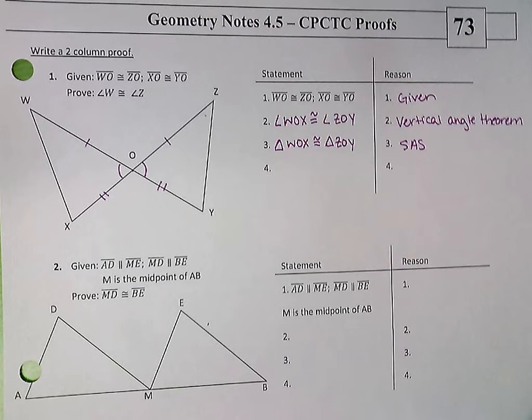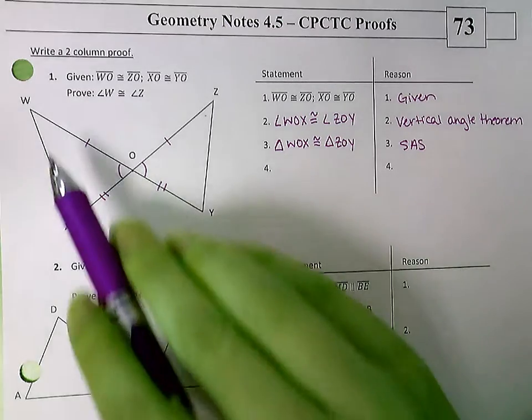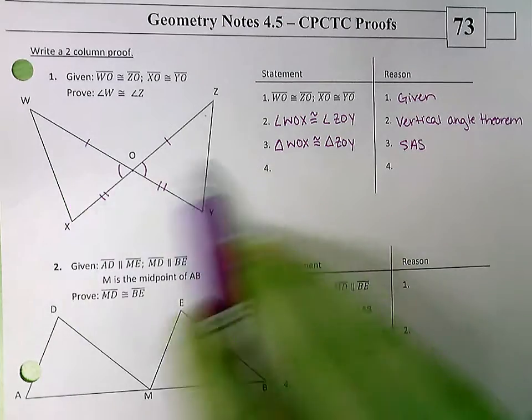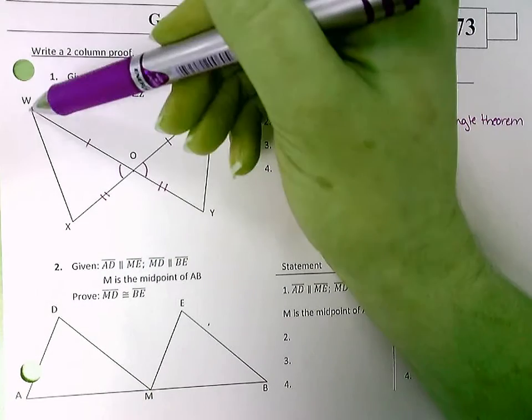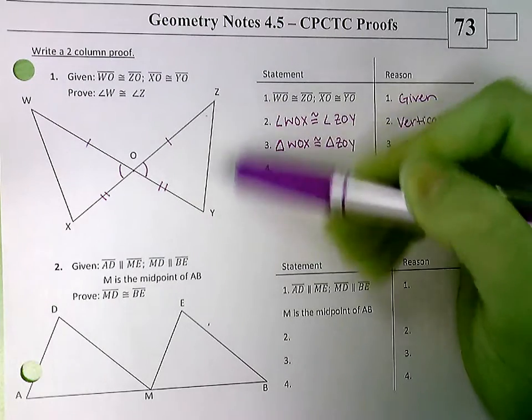You don't use CPCTC to prove triangles congruent. The only ways to prove triangles are congruent are by our sides and our angles, like we did yesterday. Now, since those two triangles are congruent, I can say any of these corresponding parts within those triangles are congruent. So say I wanted to prove WX was congruent to ZY.